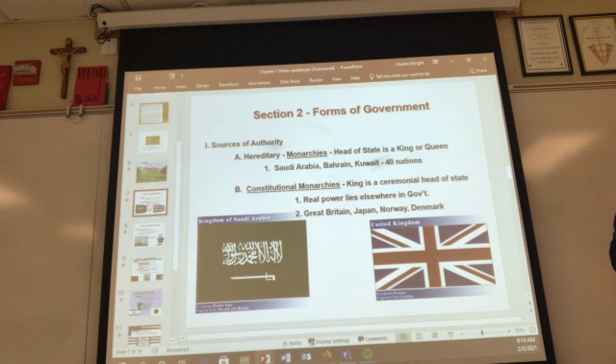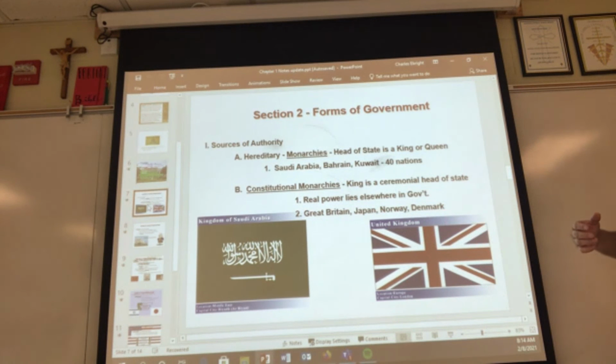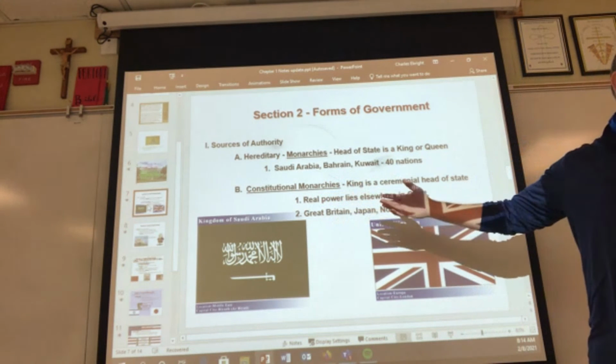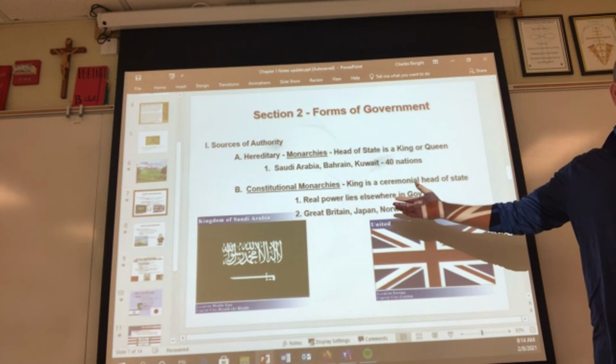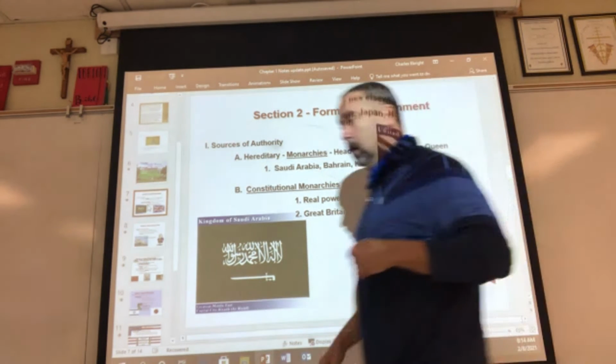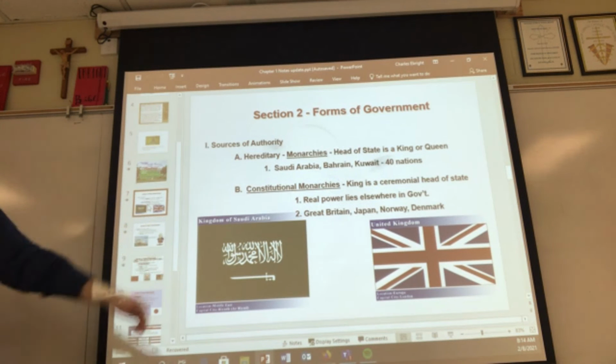So when you look at Britain, Denmark, Japan, Norway, they still have a king or an emperor, but they don't have any power. And this is a form of a republic as well. A constitutional monarchy can be a republic. It's not a true monarchy. Kind of like we're not a true democracy. We have democratic values, but we're not a true democracy.